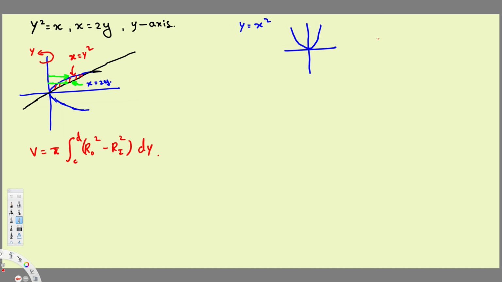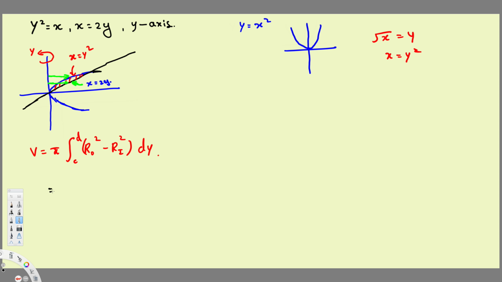For example, if we had root x equals y, then we would have to write this in terms of x and then plug in the y value. Here we would convert this into x equals y squared, then plug in y squared for the function. But here it's already x equals y squared, so we can directly plug in the values.